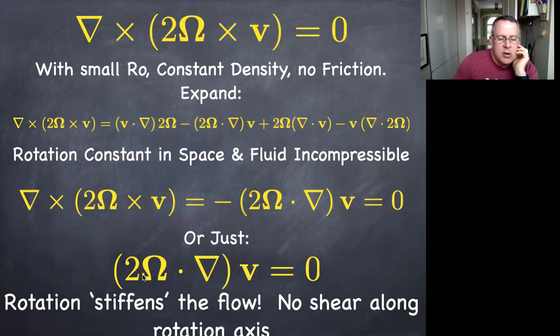The flow is stiffened. You don't tilt over. If you were going to tilt over, that would mean that the velocity higher up and lower down in that direction of the rotation axis would be different. This is saying that doesn't happen in this extreme limit.